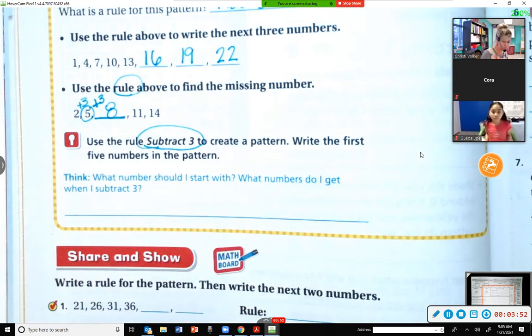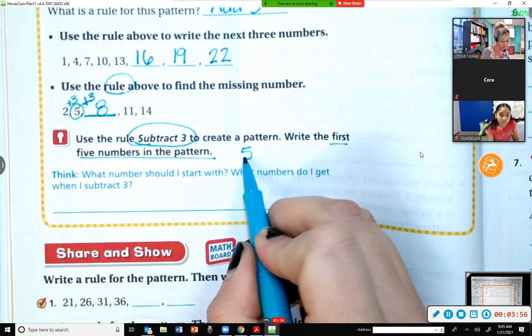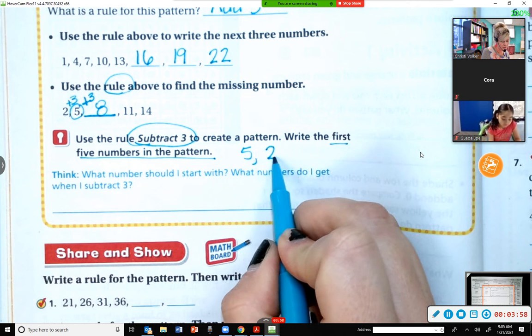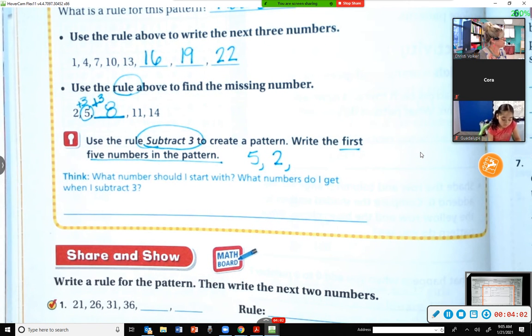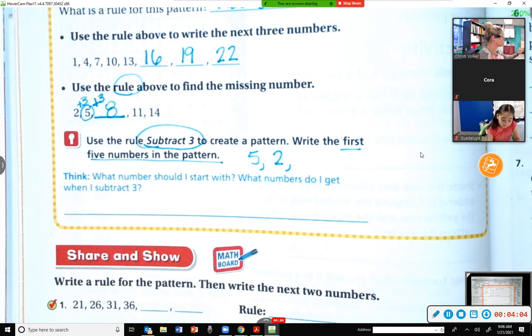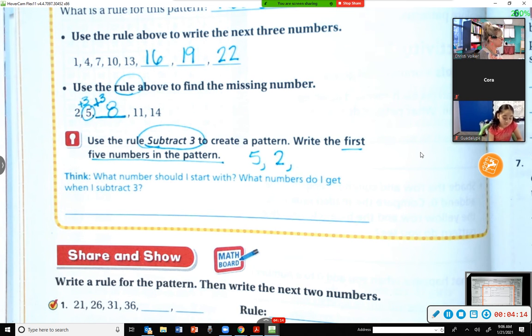Well, I have to do the first 5 numbers in the pattern. So if I start with 5 and then I subtract 3, I'll get 2. And then if I try to subtract 3 again, can I do that? No. So I need to start with a pretty high number, right? So let's just go ahead and give it a higher number than we need to, just to make sure we don't run out and have it too low. Okay? So what number do you think we need to start with?